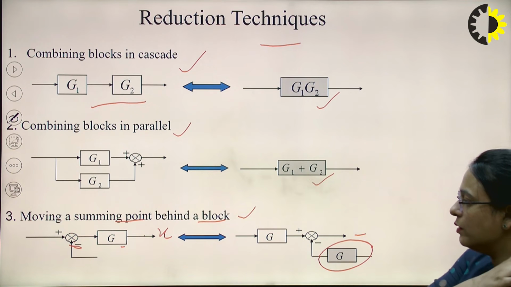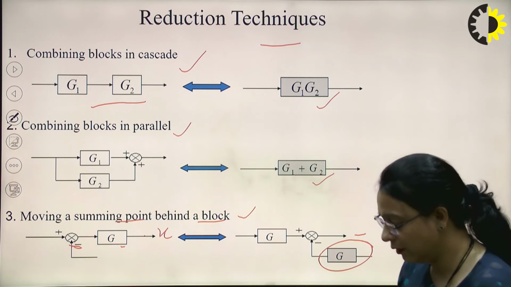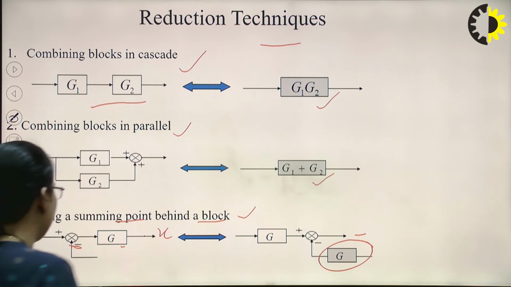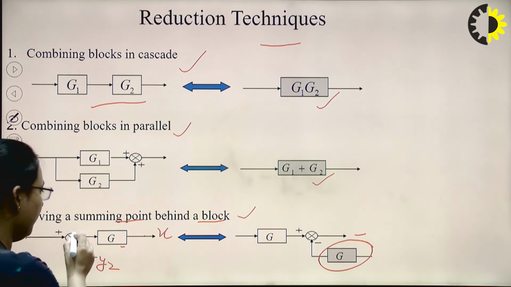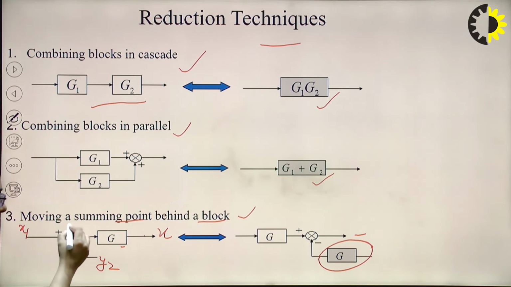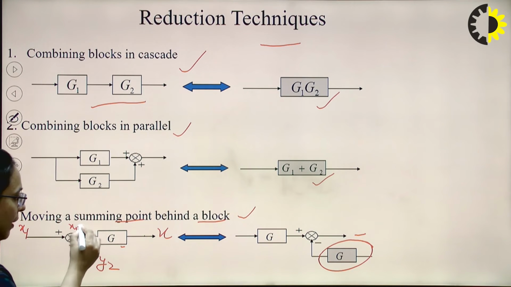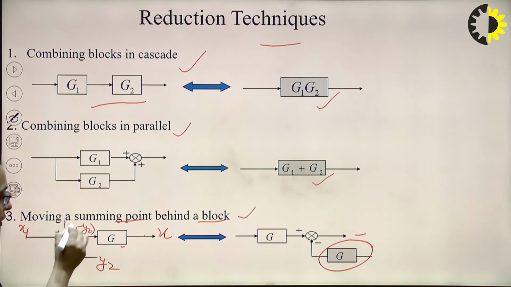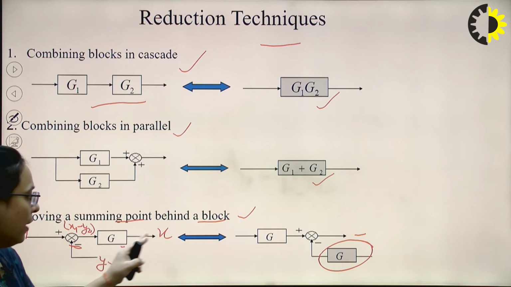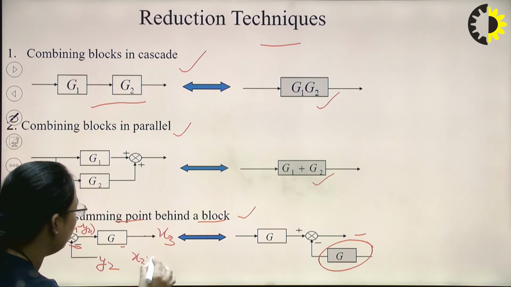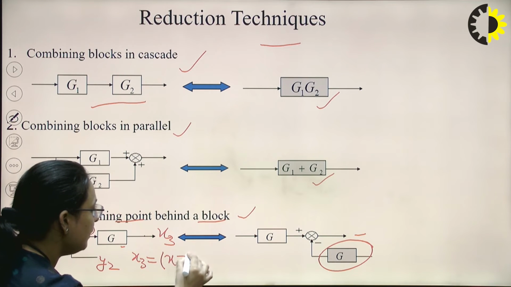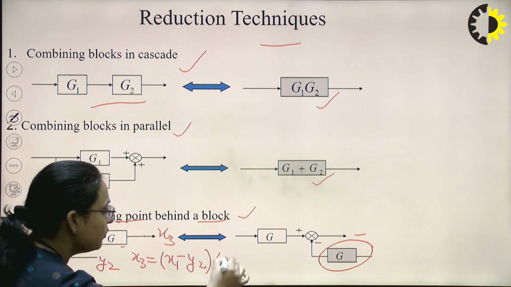Let x1 be the input, and let y2 be the other input. Coming to this summing point, we will have the output x1 minus y2, which gets multiplied with g and gives the output x3. So x3 will be equal to (x1 minus y2) into g.